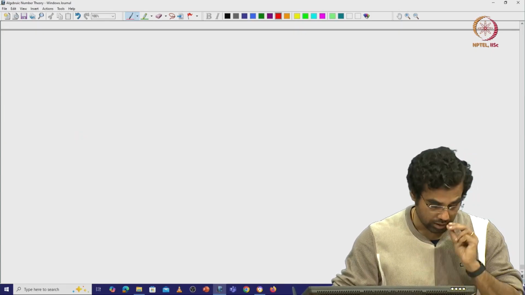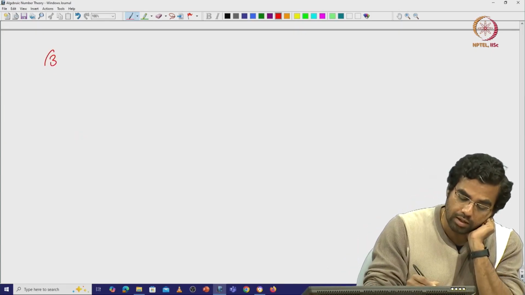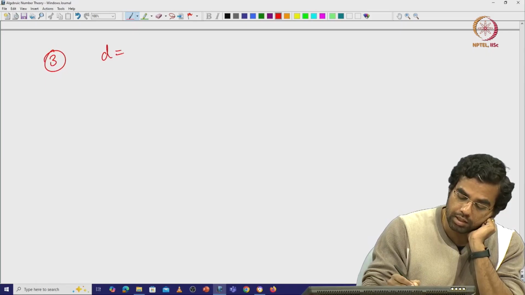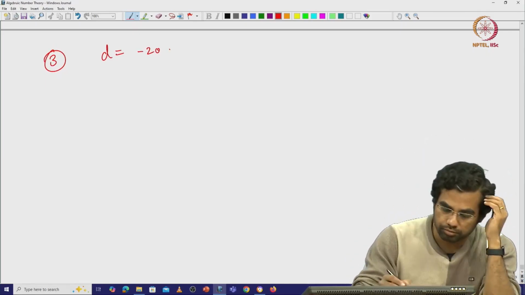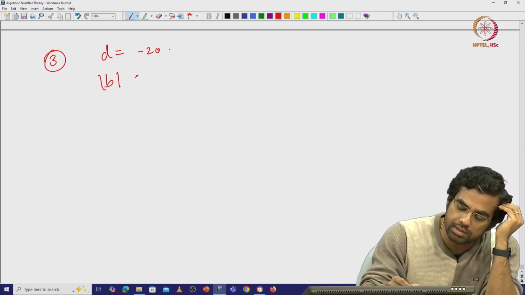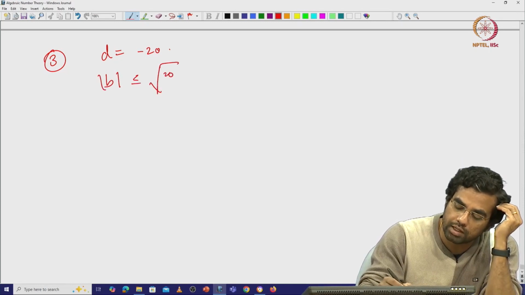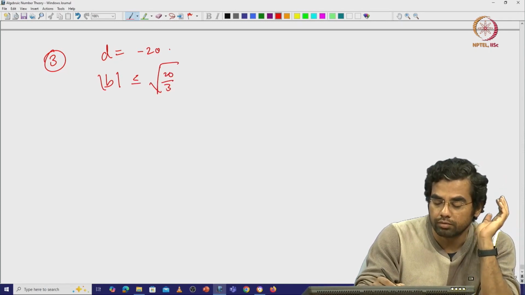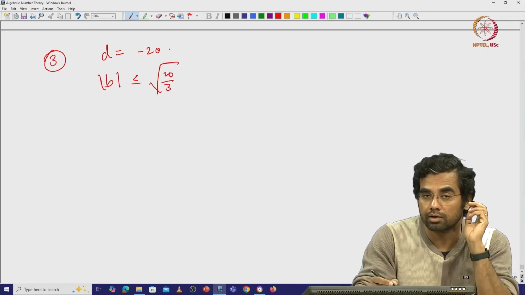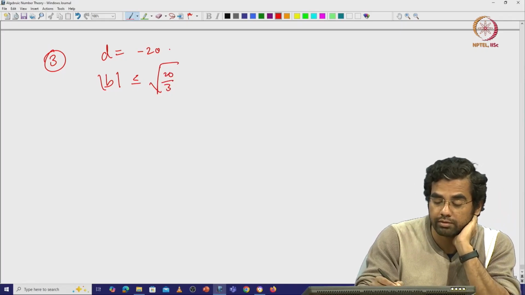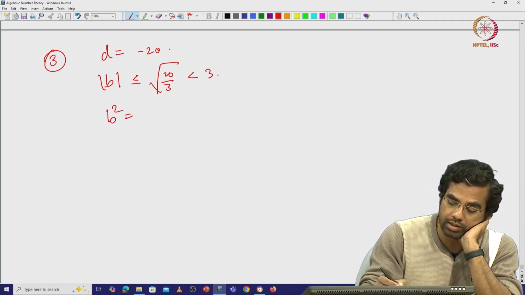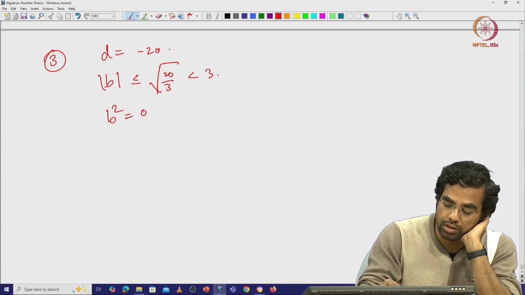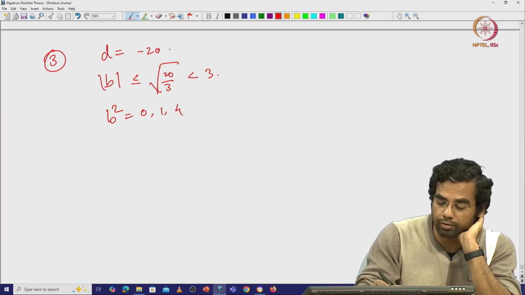Okay. Let us look at one more example. I take d to be minus 20, then mod b is less than or equal to square root of 20 by 3, which is roughly square root of 7, and so this is less than 3. So, b squared is equal to 0, 1 or 4.